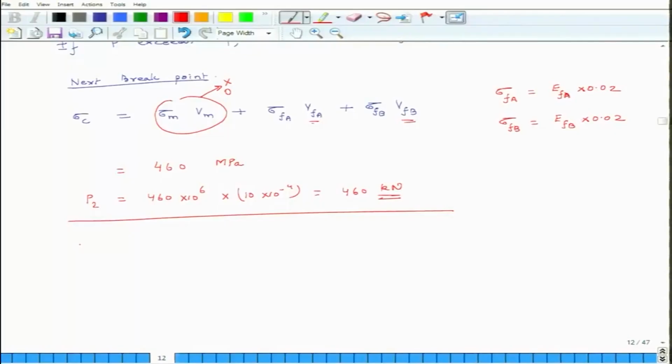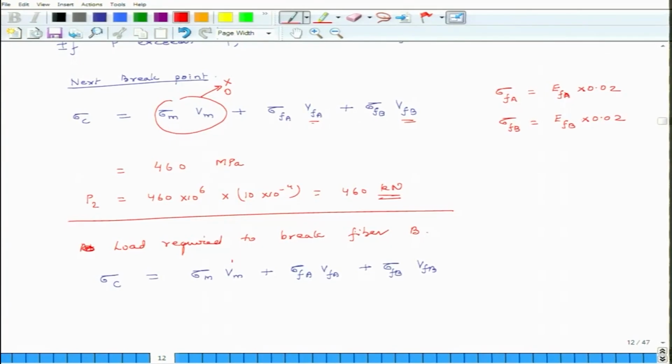At load required to break fiber B, because this fails in the end at 7%, sigma C, again we will use the same formula, sigma m Vm plus sigma Fa Vfa plus sigma Fb Vfb.